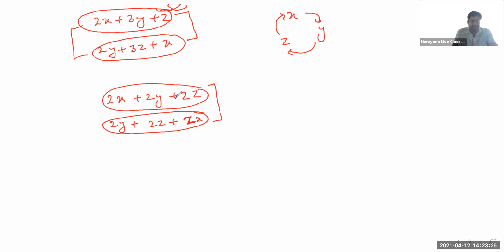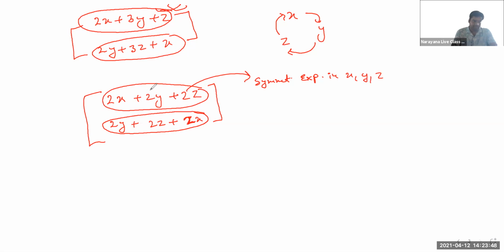Both expressions are exactly the same. If both expressions are the same, we can say that this is a mathematical expression which is symmetric in x, y, z.